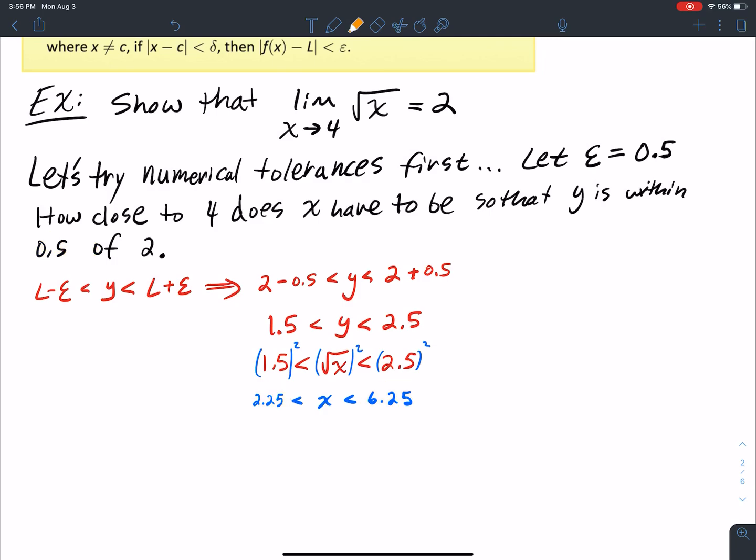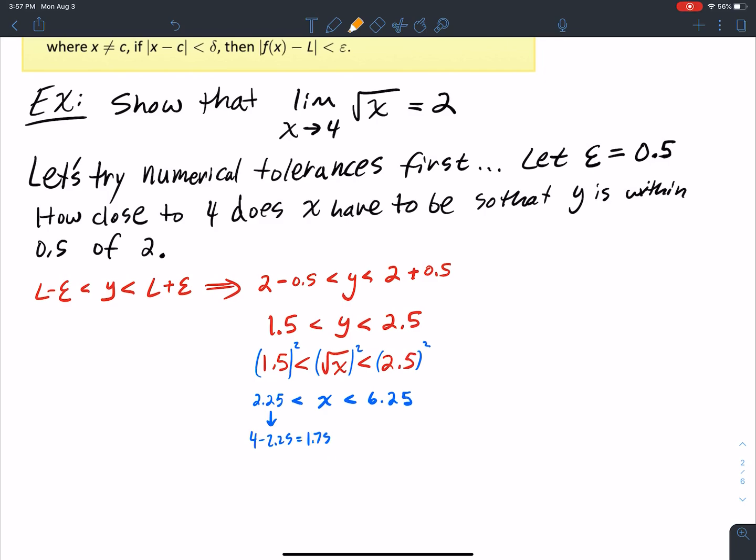Okay? So what do I do here? Well, I'm going to take the c value, 4, and subtract from it this lower x value, the 2.25, and I get 1.75 on this side.